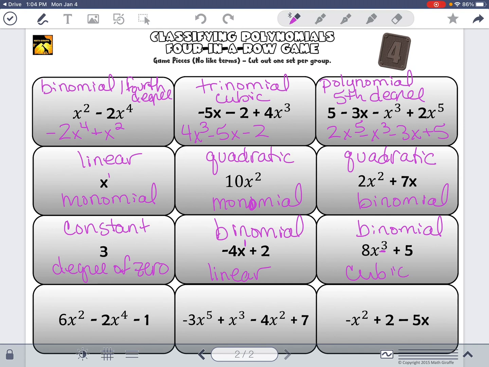Okay. 6x squared minus 2x to the 4th is not in standard form. I'm going to put it in standard form. And the highest degree is the 4th degree. More than 3 terms, so it's a polynomial. The next one, the highest degree is the 5th, so 5th degree.